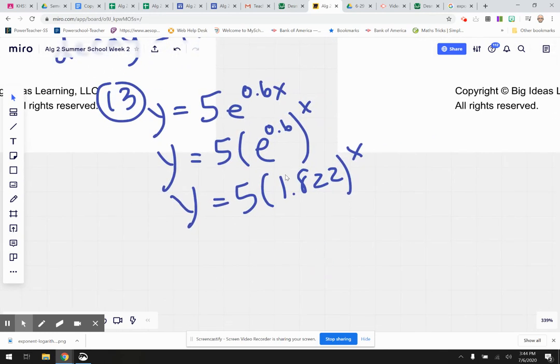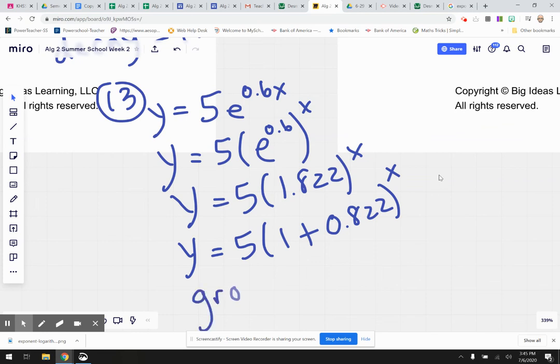Okay, so now this is more than 1. So if I wanted to write it in our formula, we're going to put a 1 plus 0.822, because those two together would give me the 1.822. So we now know that this is a growth function.